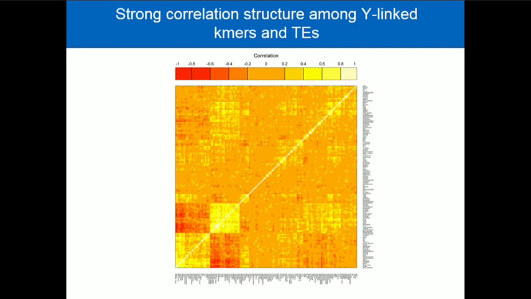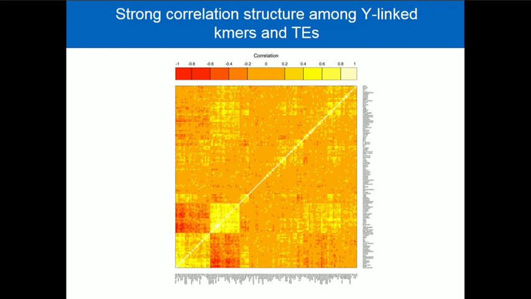The other thing that's kind of striking, and we're having trouble making a whole lot of sense of this, is that they're highly correlated. So many of the repeats will be organized in clusters that are highly positively correlated with each other. That might happen if there are block duplications of chunks of several elements that are expanding and contracting together.